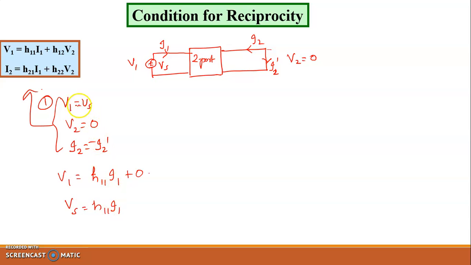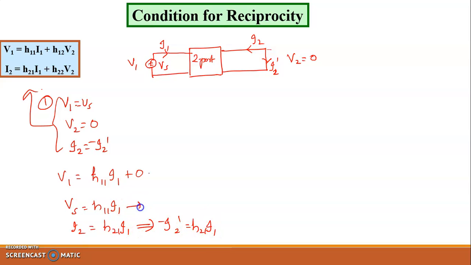Now considering the second equation, I2 is equal to H21 I1, and I2 is actually minus I2 dash. So minus I2 dash is equal to H21 into I1.